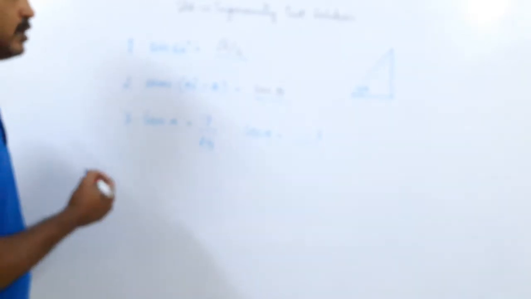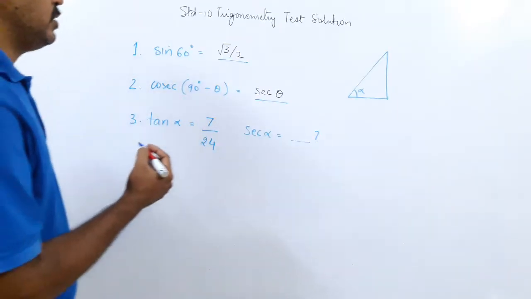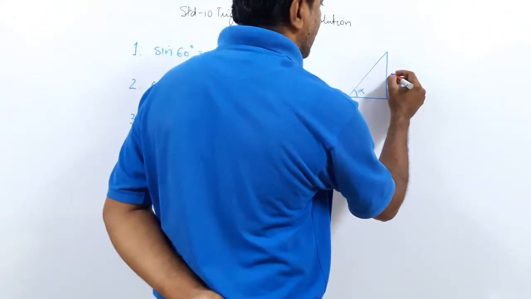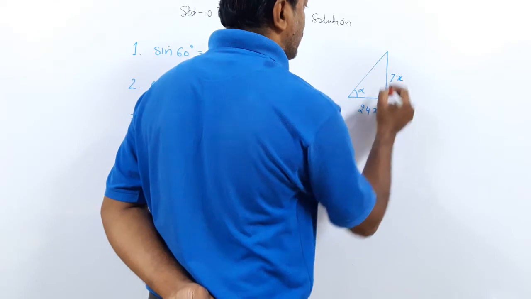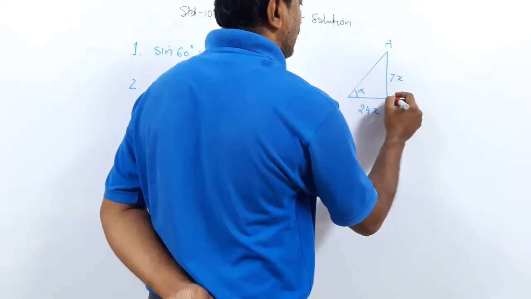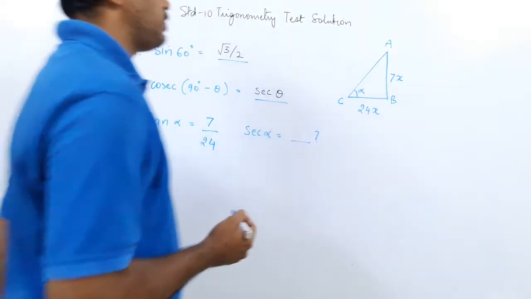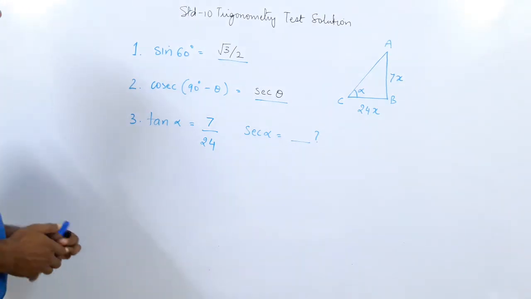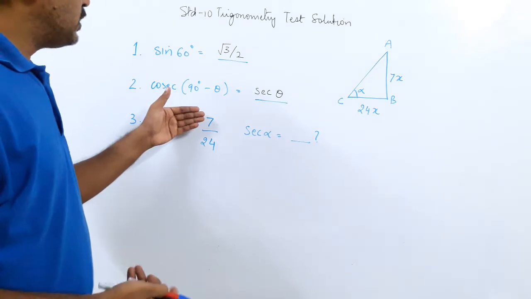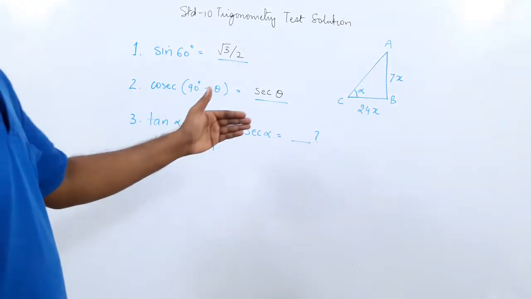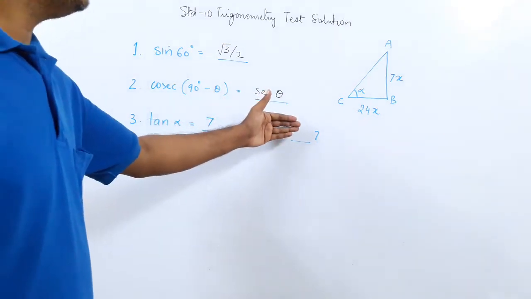Tan is opposite upon adjacent, so if I call the opposite side 7x, in the same ratio the adjacent should become 24x. Let me call the triangle ABC. Tan alpha is opposite upon adjacent and sec alpha is hypotenuse upon adjacent.